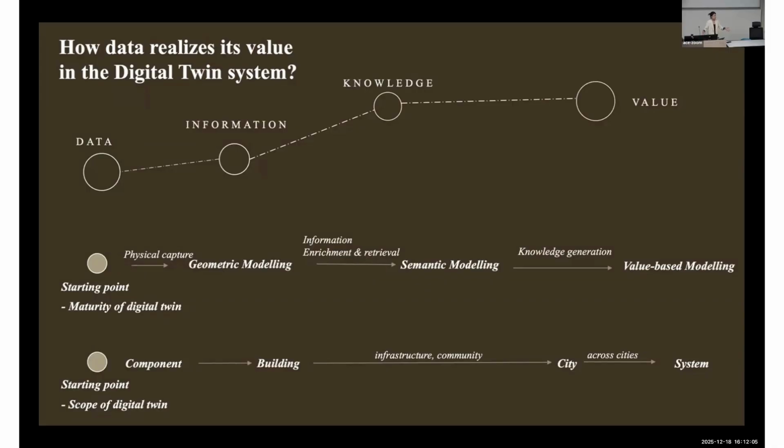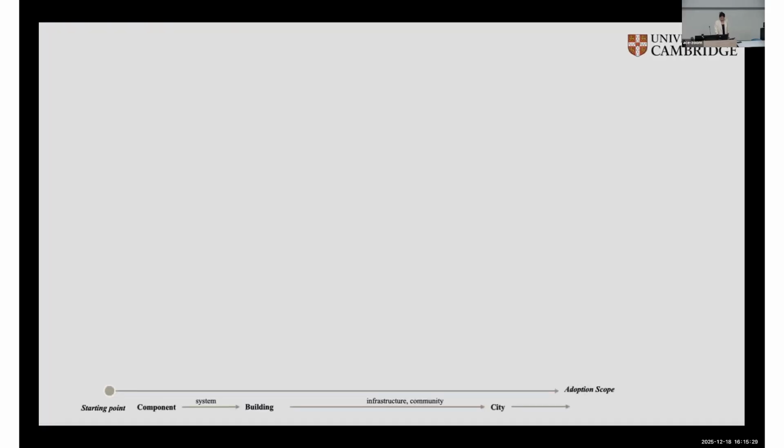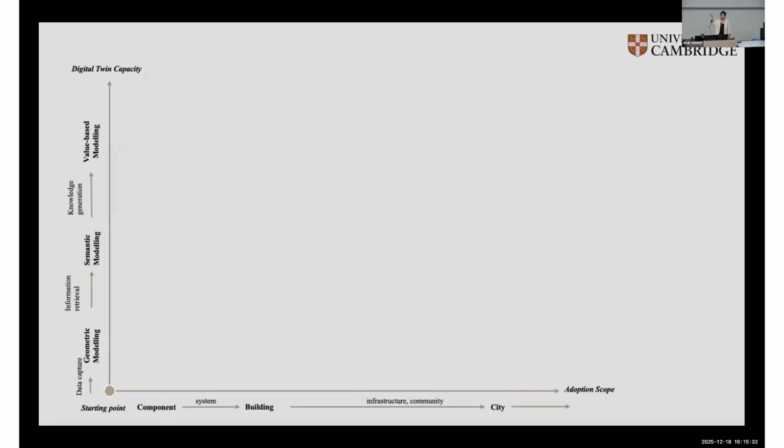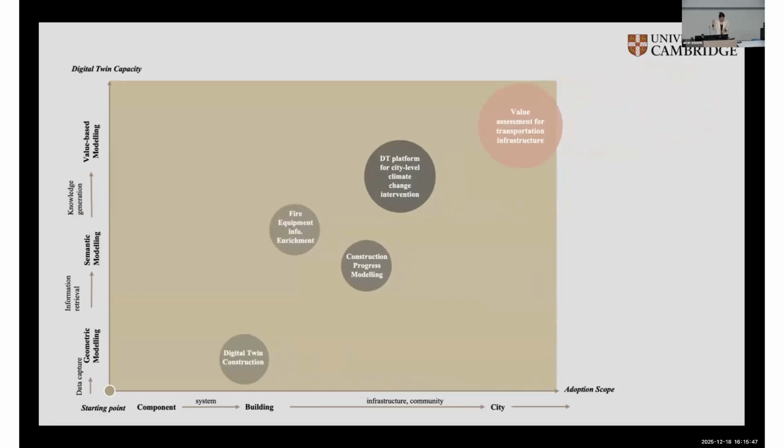I'm not going to go into much detail of my project. Here I put it into two dimensions because I always want my audience to be clear which stage of my projects we are at. Here, I mostly worked on the project in Cambridge.